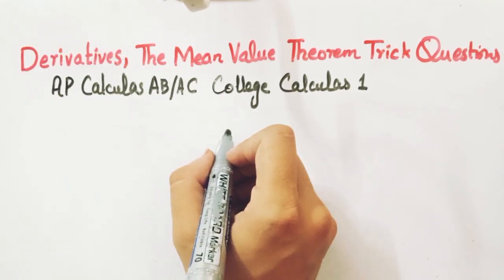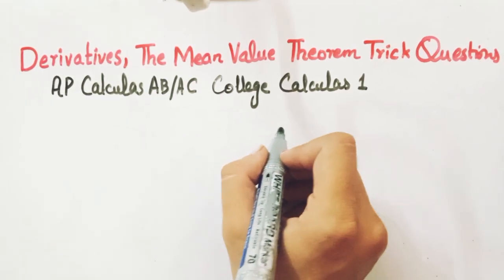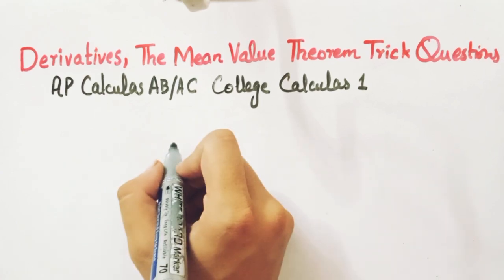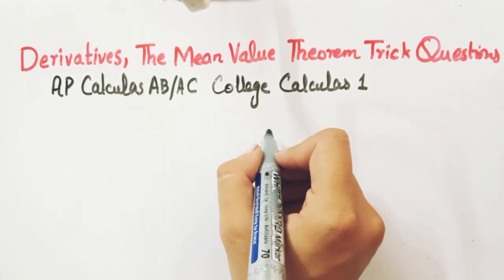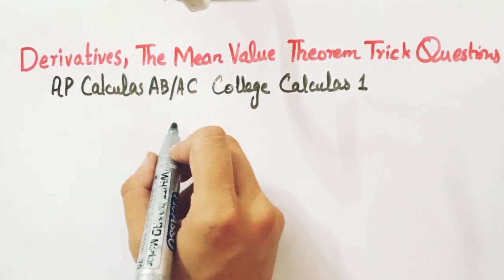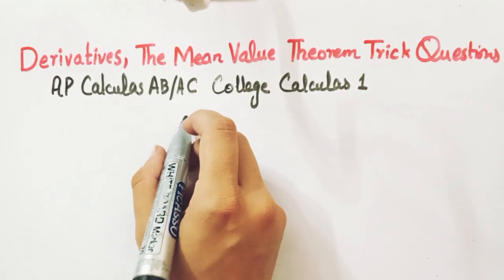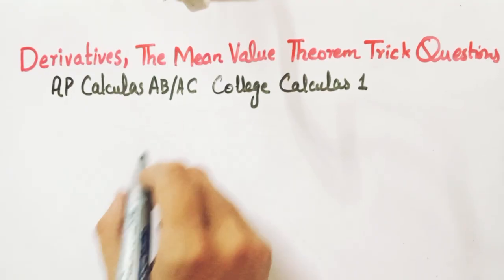Today we are breaking down an exam-level MVT problem step by step. I am going to show you exactly how to spot the continuity and differentiability traps before you write a single line of derivative work. Let's write down the problem.